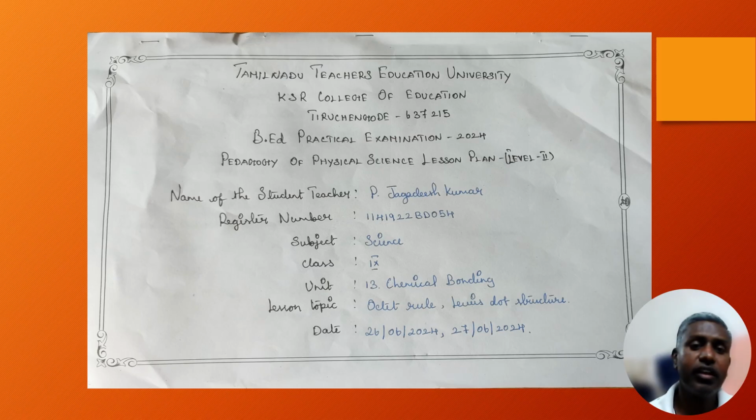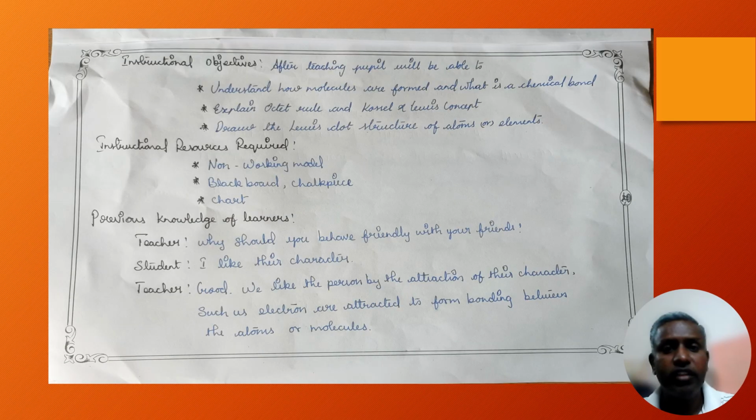For example, one of my students took the unit of chemical bonding, especially the topic of octet rule and Lewis dot structure. Here he mentioned the basic details which I already explained. The second important thing is that he wrote the instructional objectives.